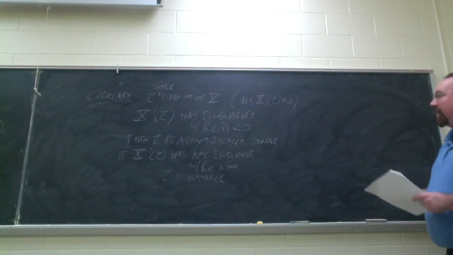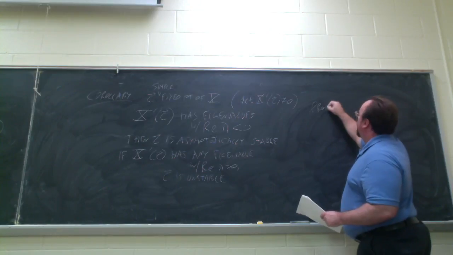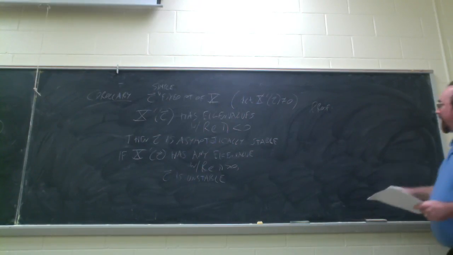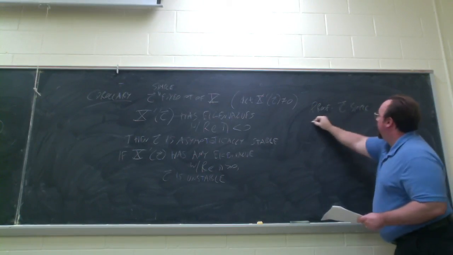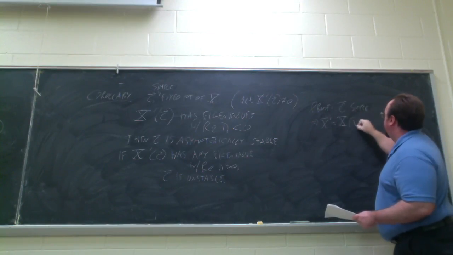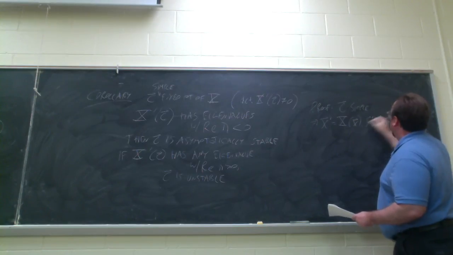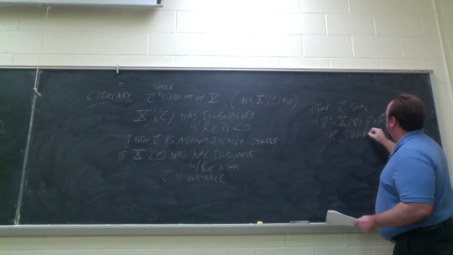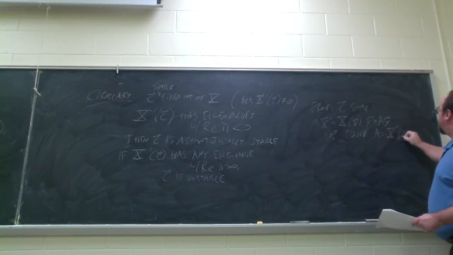Now, because this deals with the linearization theorem, because C is simple, that means that this system, x prime equals big X of x, and y prime equals A y, are topologically equivalent, where A is the Jacobian.